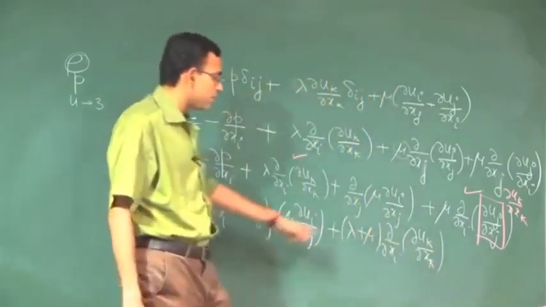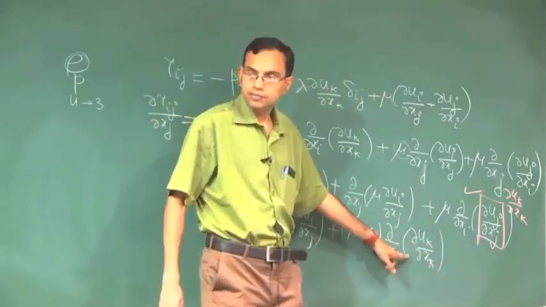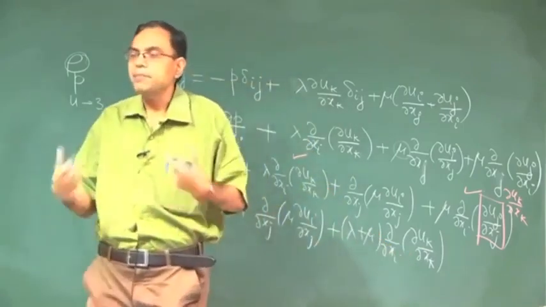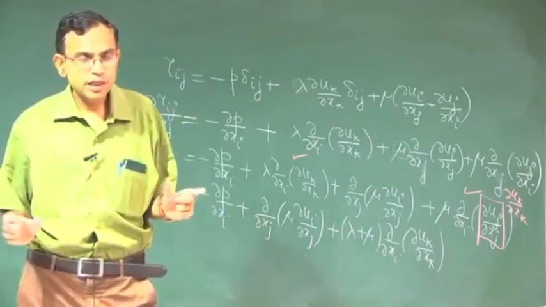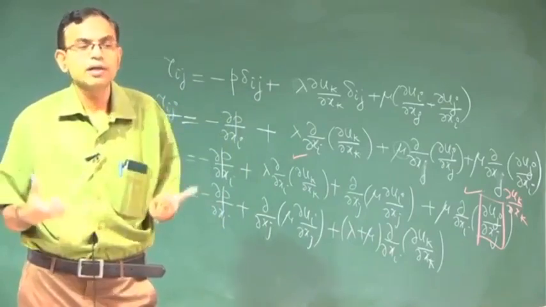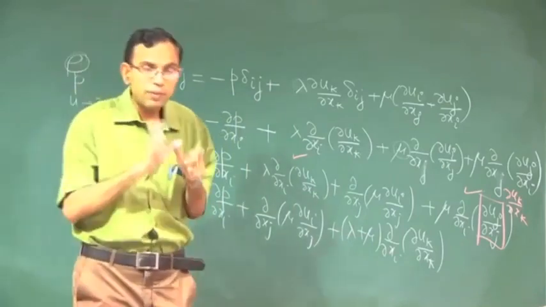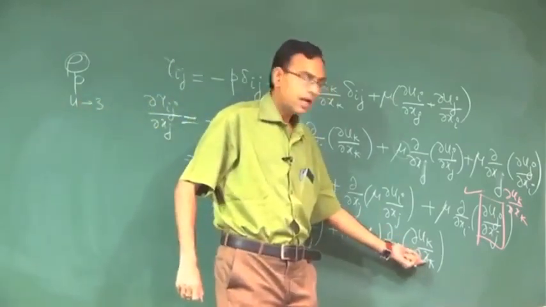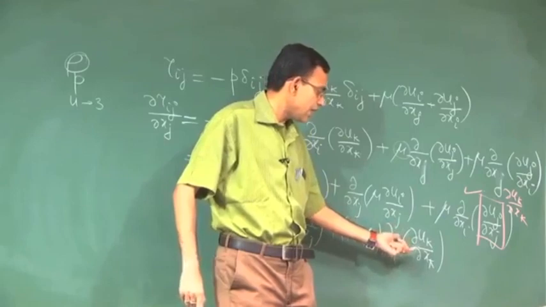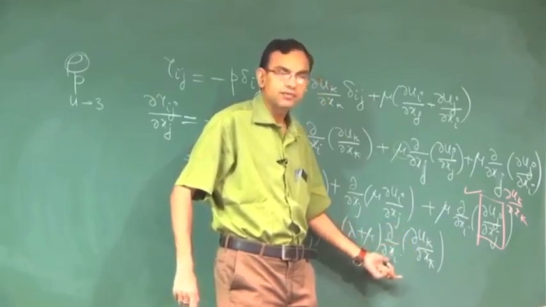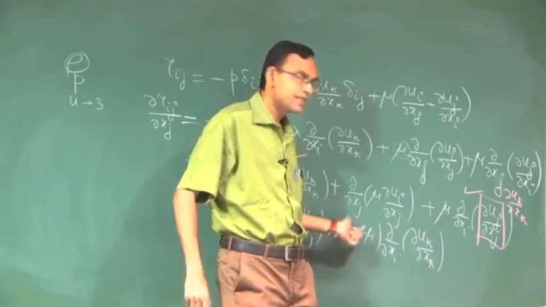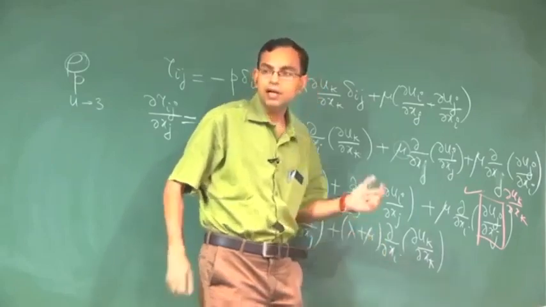For incompressible flow this term does not matter. So, for incompressible flow the parameter lambda is irrelevant, but for compressible flow this term is not 0 and therefore there is a chance that it has a spatial derivative, and therefore one needs to recognize the relationship between lambda and mu.